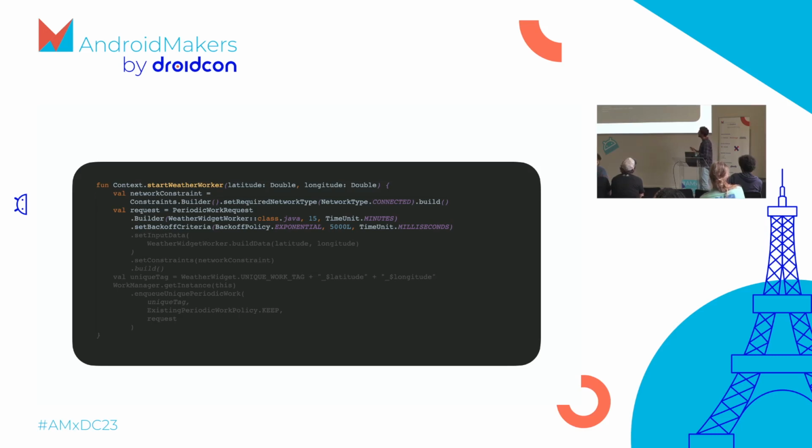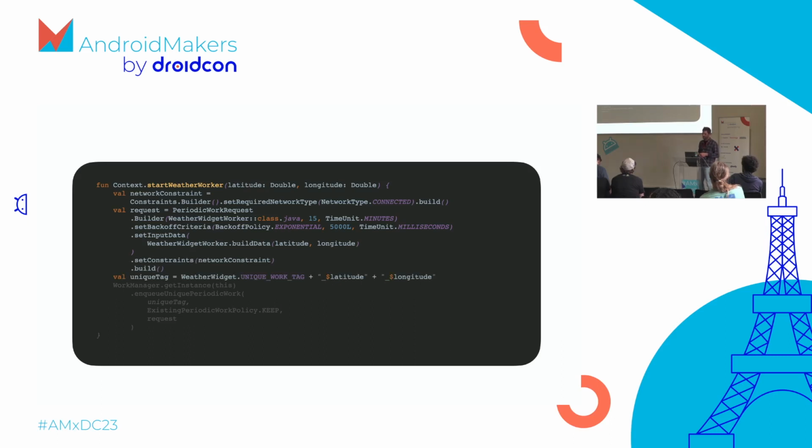In case something goes wrong, it will exponentially prolong the time between updates. Then I'm setting the inputs because I need to know my latitude and longitude to use it as worker parameters. So I'm putting the inputs for my worker, setting the constraint, and building it.